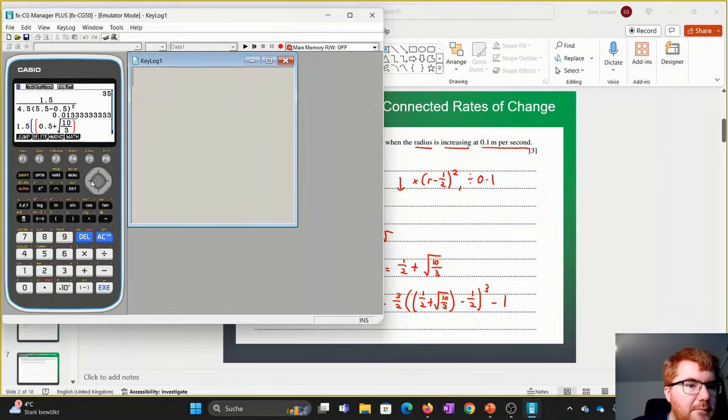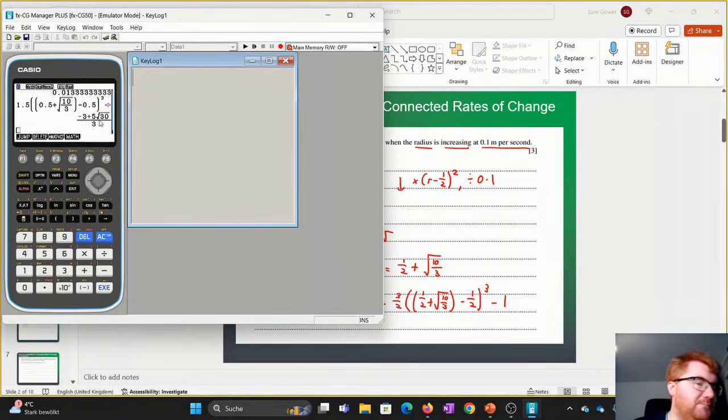Let's actually bring that bracket out here. There we are, that's a bit better. Okay, perfect. So we have minus 0.5. One of the key skills on the course is just making sure we can use the calculator correctly. Now we have a cubed, don't forget that. And then finally we have minus 1.